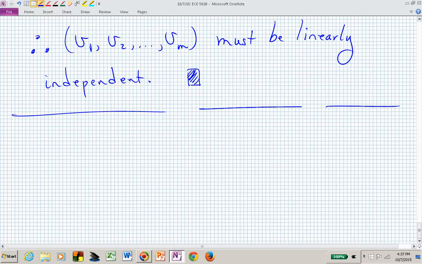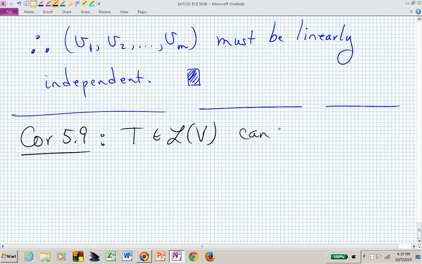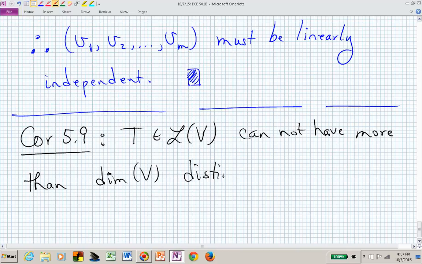Now, let's look at the next corollary that I'm just going to state, which is corollary 9 in the second edition of chapter 5. Suppose T is an operator on V, then that linear map T cannot have more than dimension of V distinct eigenvalues.